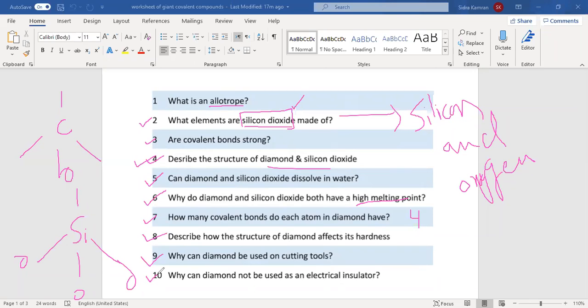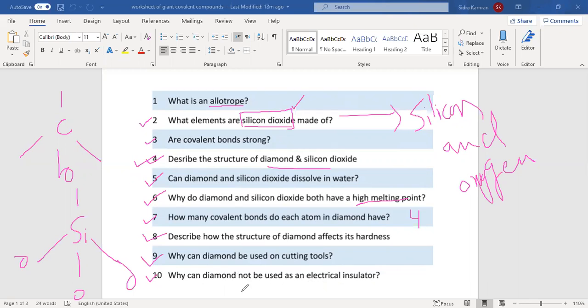Why can diamond not be used as an electrical insulator? Diamond is a giant covalent structure, which means that it has no free electrons. That's why it is not a good electrical insulator. Why can diamond not be used as an electrical insulator?